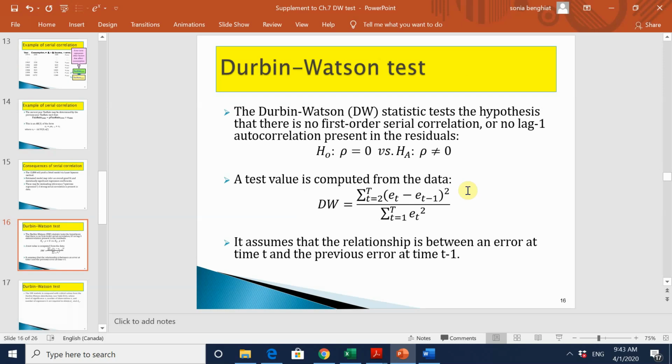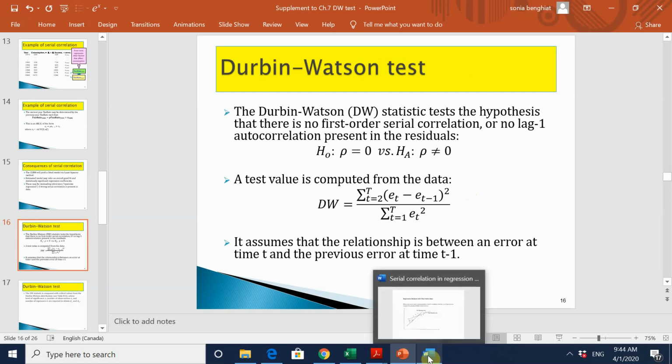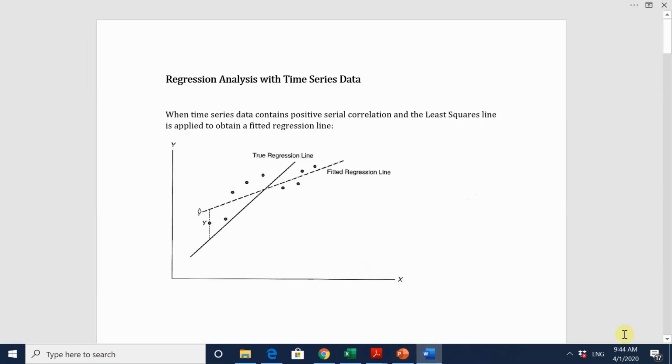So there must be some type of way to avoid running into this problem. How do we detect this problem of autocorrelation in the error terms?